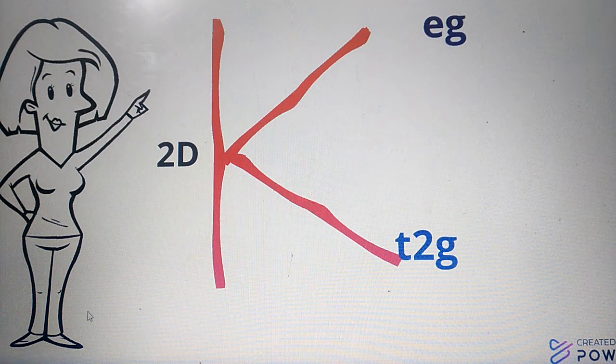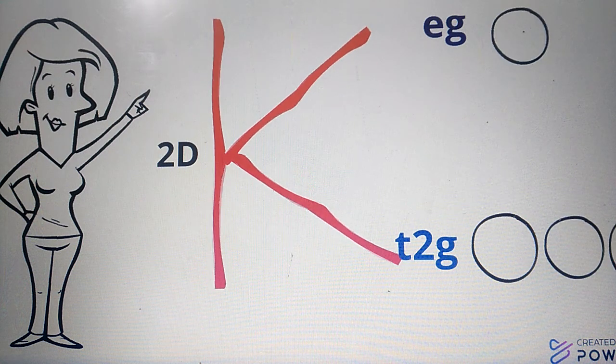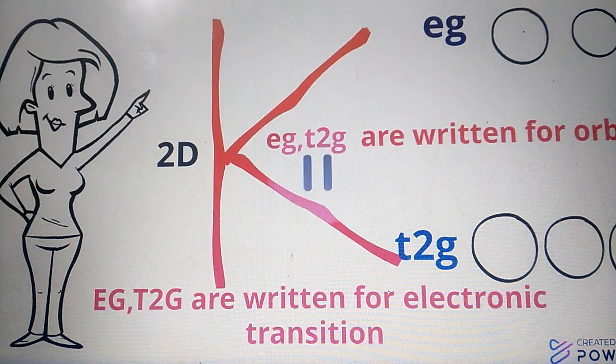As we move from left to right, it shows ligand field strength. For the d subshell, d1 subshell, we write one electron here.